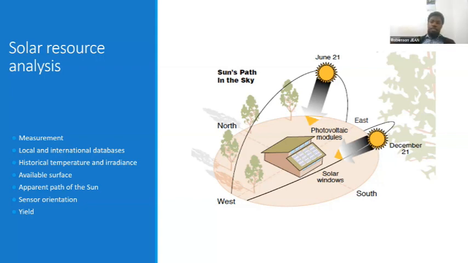But the sun is moving, apparently, because when we are on the Earth, for us the Earth is fixed and the sun is moving. So we are going to consider that the sun is apparently moving. At a given moment we have the direct radiation, and the moment after, we will not.